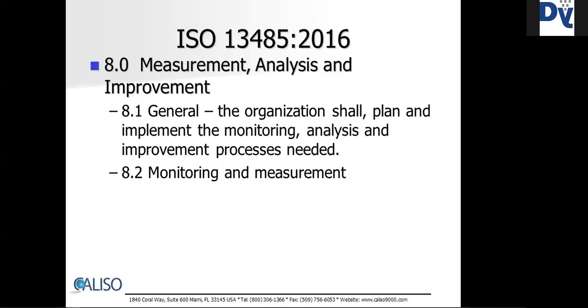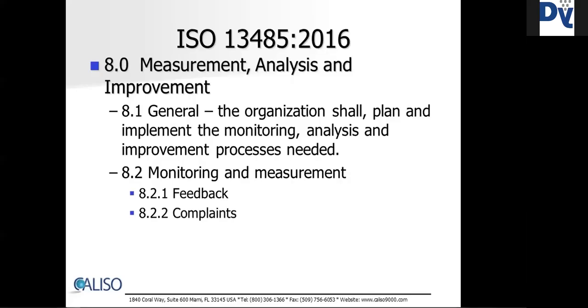8.2 Monitoring and Measurement. Feedback. There needs to be a documented procedure for feedback, and feedback needs to be considered as a potential input into risk management of the product. Complaints. There needs to be a documented procedure for complaints.